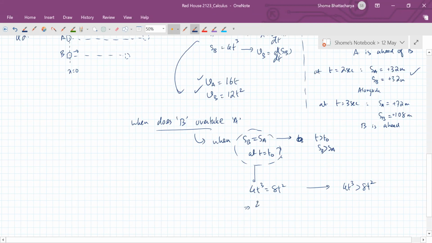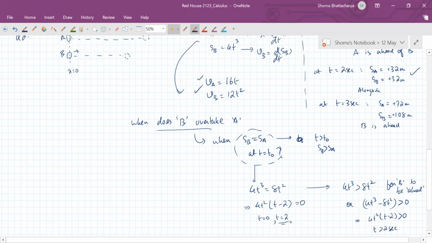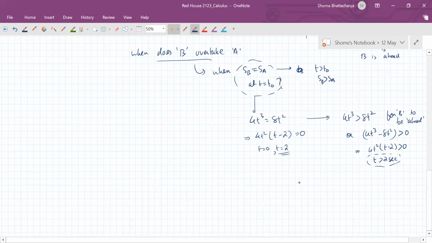So at 2 seconds, their displacement is the same, and after 2 seconds, B's displacement is more.